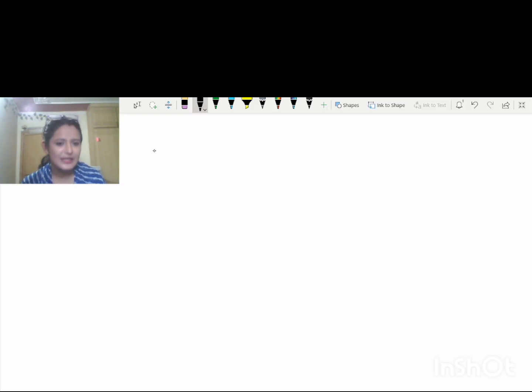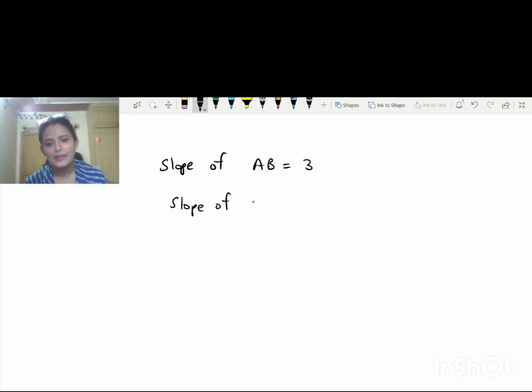The question is that you are given the slope of line AB, which is 3, and you are given the slope of line BC, which is 5.